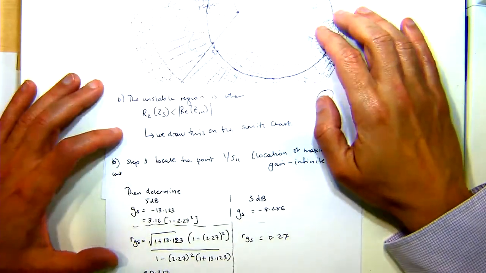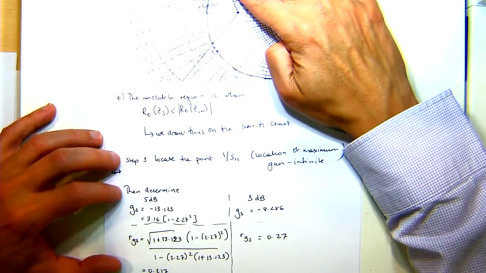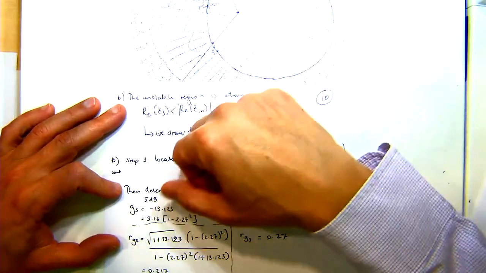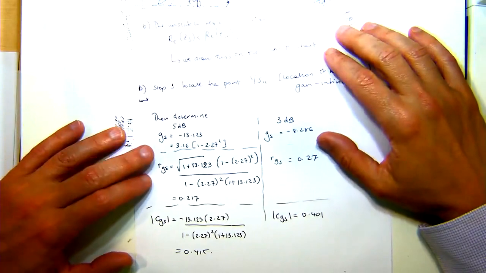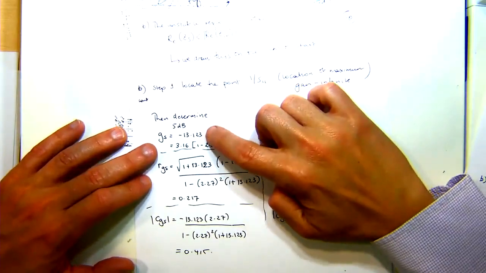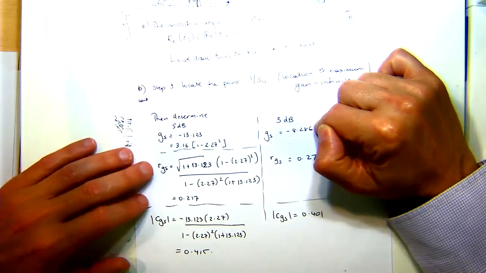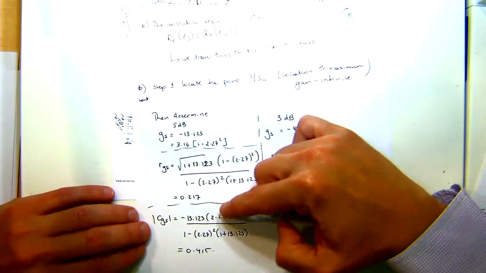Now, we've got the point 1 on S11 in order to work out our gain circles, and I've asked you to work out what happens for the gains of 5 dB and 3 dB. What we can do is work out what GS is for both of these, then work out what RGS is for both of these, and we can also work out where the centre is.